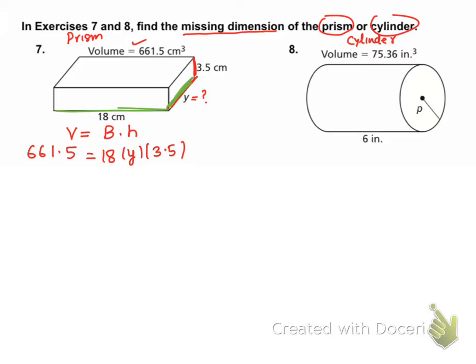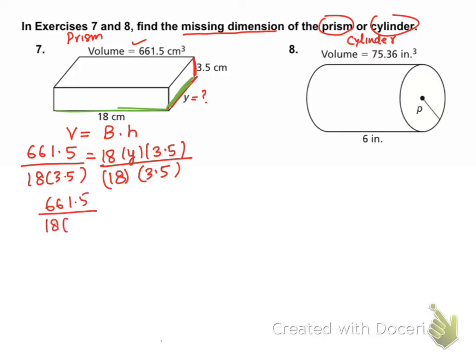So I divide both sides by 18 times 3.5. I will have 661.5 over 18 times 3.5 equal to y. And when you solve it, you get the exact value of 10.5 centimeters. That's your answer here.